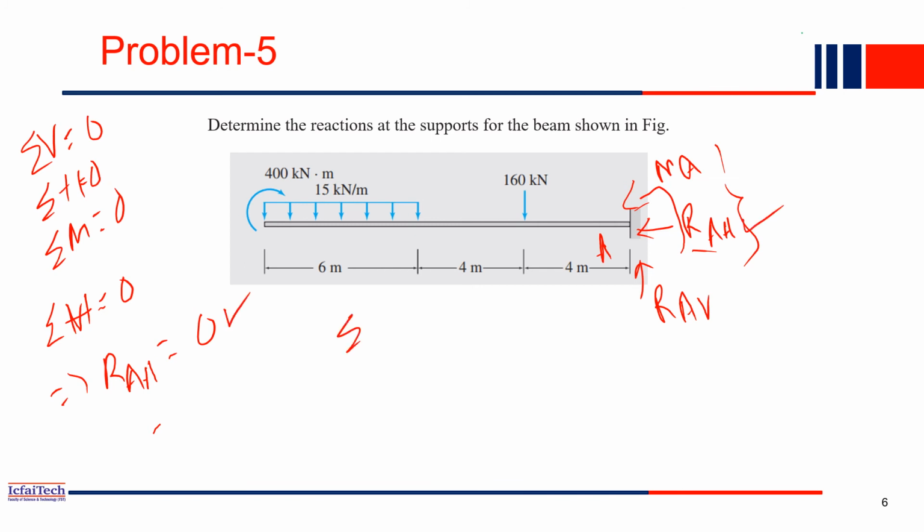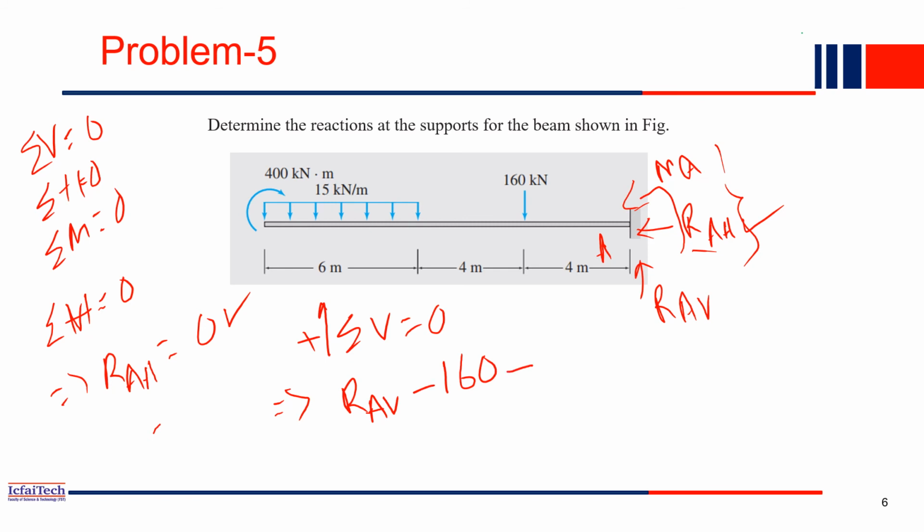Now next is summation of all vertical force equal to 0. So how many vertical forces are acting? So RAV is acting which is upward. So we'll consider upward as positive. So RAV is upward, then positive. Then 160 is going downward, so 160 will be negative.